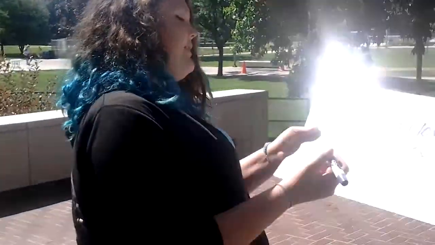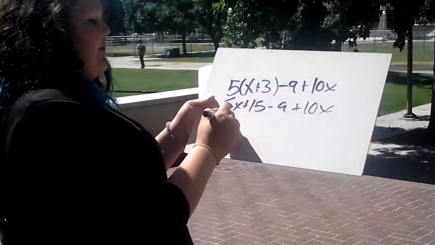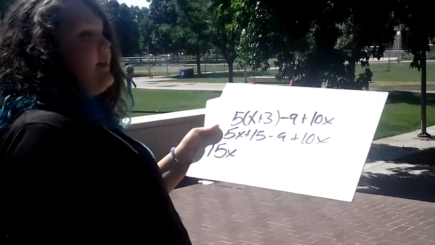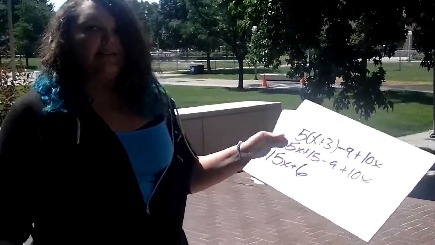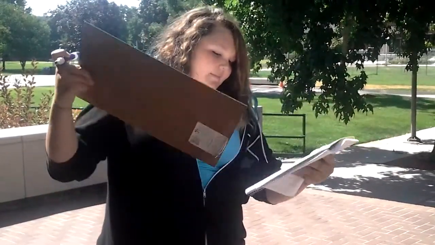And so now you have numbers and variables, but there's no unnecessary things like parentheses. So anyway, you have 5x plus 10x equals 15x, and then 15 minus 9 equals 6, so it's 15x plus 6, and that's your answer, because there's no equal sign, so you don't have to solve it.